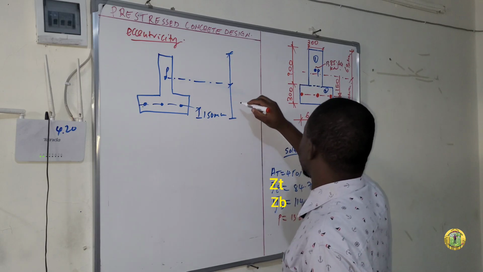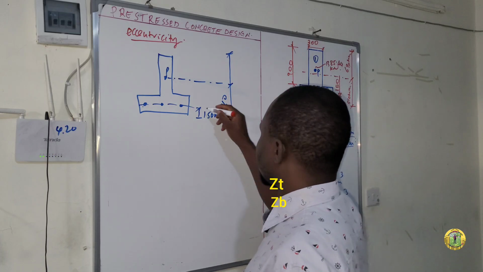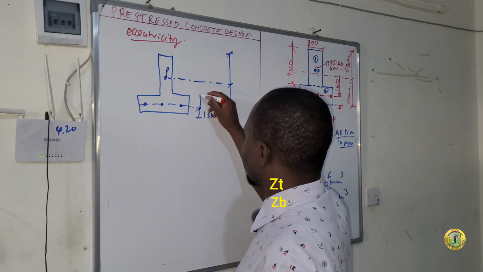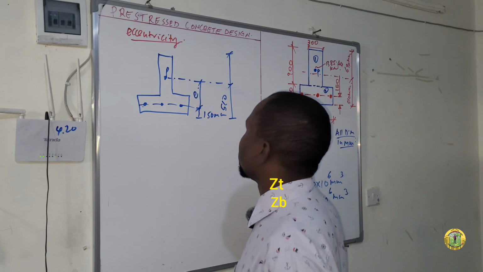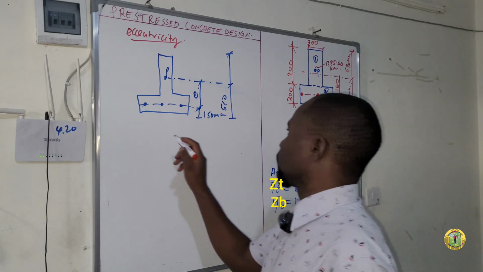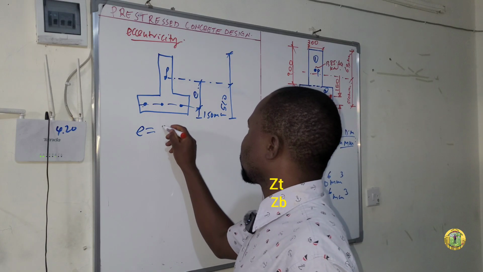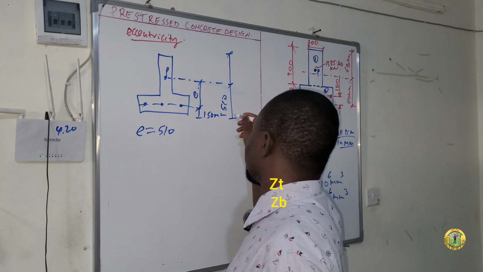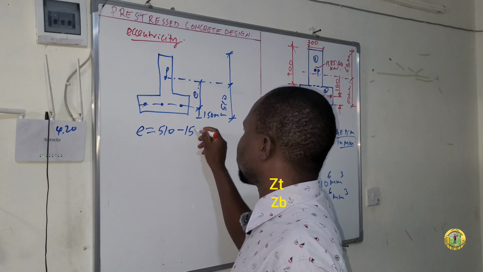So this bottom part is 510. So the eccentricity is this distance from here. This is the eccentricity. So it means eccentricity is equal to 510, from here to here, minus 150.